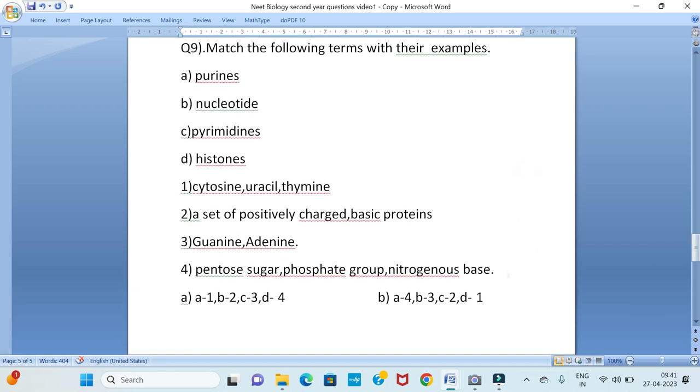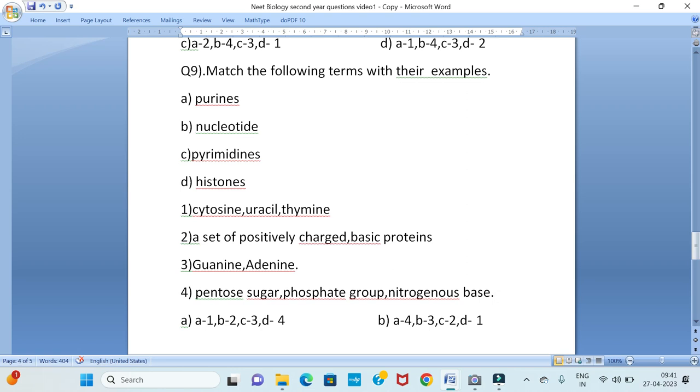Purines: guanine, adenine. So here the keyword is guava, GUAVA. Guava is a fruit. That fruit is pure. They don't use chemicals for the guava plant. For other fruit plants, they will use some urea chemicals.